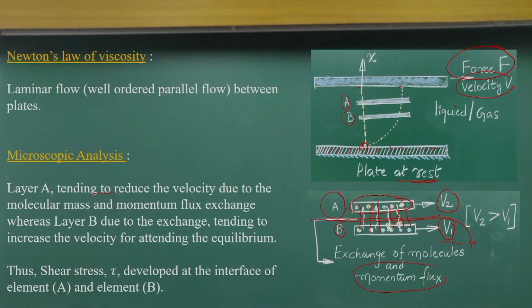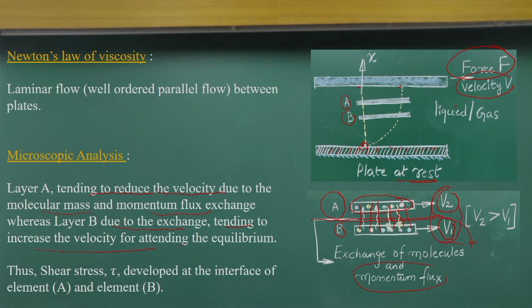The layer A tends to reduce its velocity due to the molecular mass and momentum flux exchange, whereas layer B tends to increase its velocity. If this process goes on for a larger time, after a certain time these two velocities come to equilibrium, meaning they will have the same value.